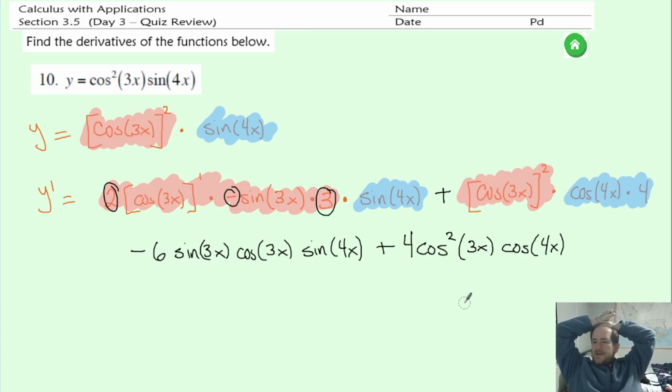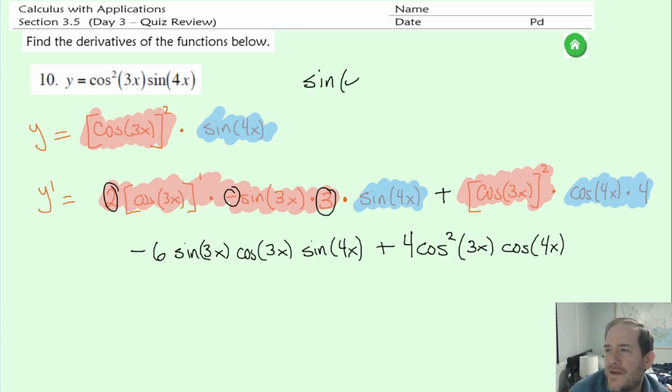I guess nothing. There is a rule kind of like this, of course. I hesitate to even bring it up, but maybe, well, I should hesitate to bring it up because I don't even remember it. But if you had the sine of a thing times the cosine of a different thing, you guys remember alpha and beta, right?